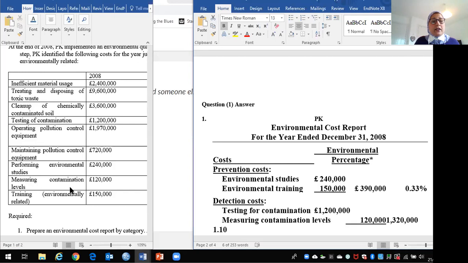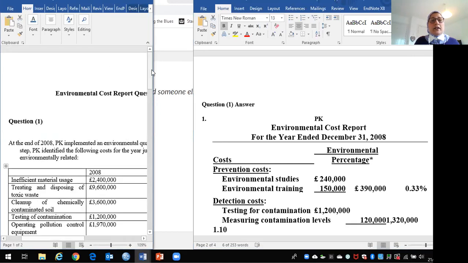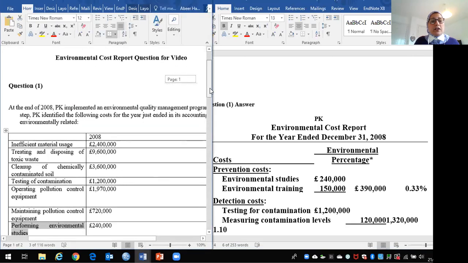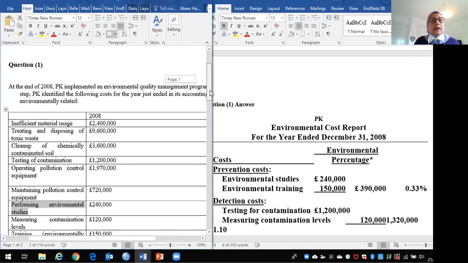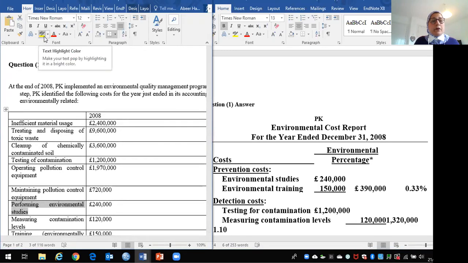Environmental studies, performing environmental studies and environmental training. We can put them in different colors here.